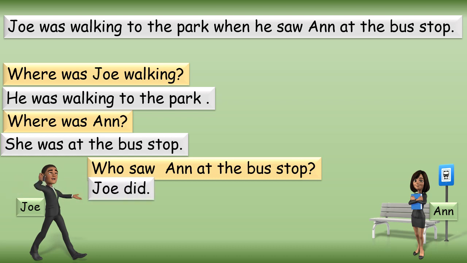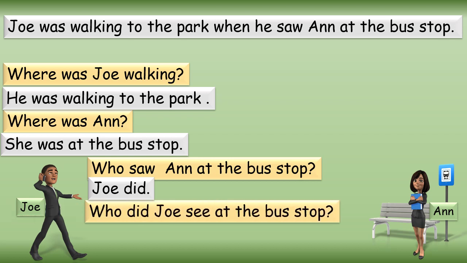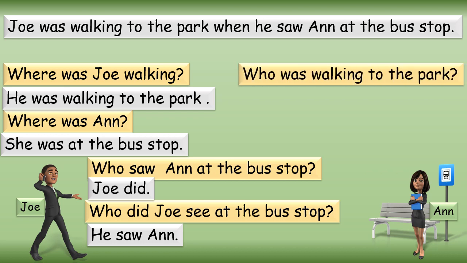Joe did. Who did Joe see at the bus stop? He saw Anne. Who was walking to the park? Joe was.